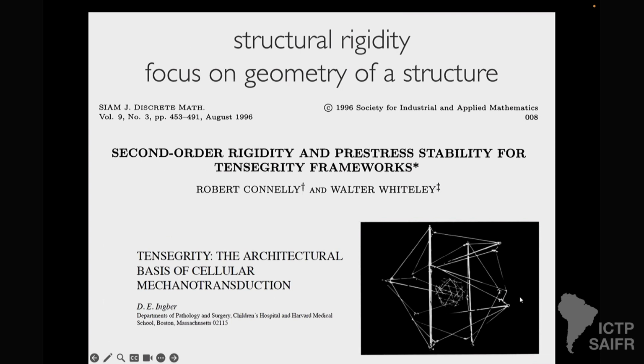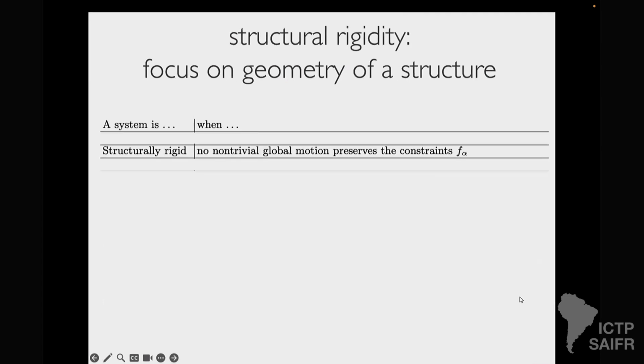So you basically focus on the geometry of a structure. Something is called structurally rigid if there's no non-trivial global motion that preserves the constraints. That makes sense, right? If you have a bunch of bars and strings, and the motion has to preserve the constraints imposed by those objects, then the object is rigid.